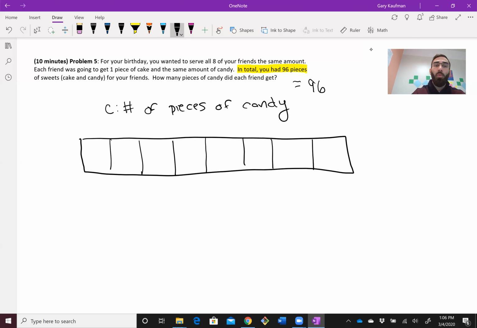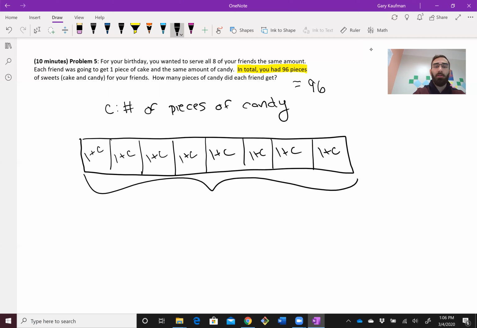They all get 1 piece of cake plus the same amount of candy. So they all get 1 plus C. The total amount is 96 pieces. So you can write this as either 8 times (1 plus C) equals 96, or 8 plus 8C equals 96.